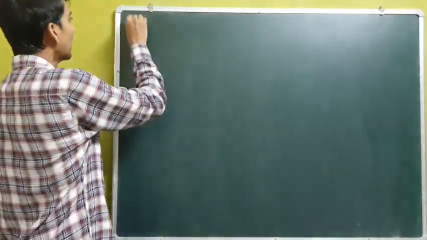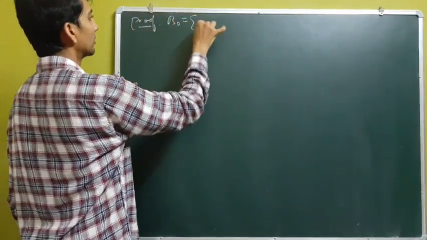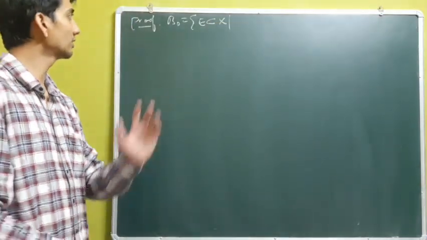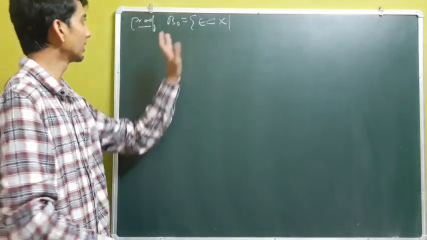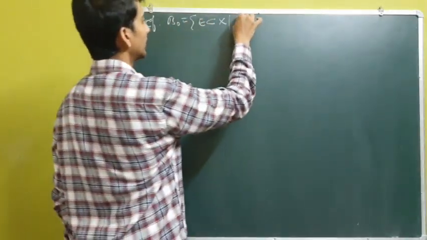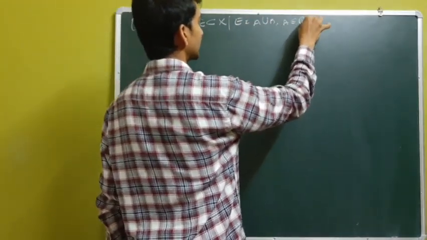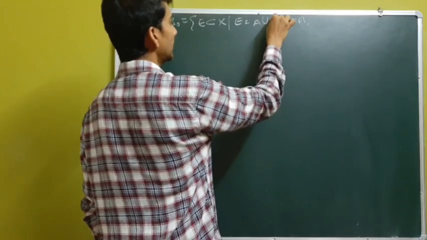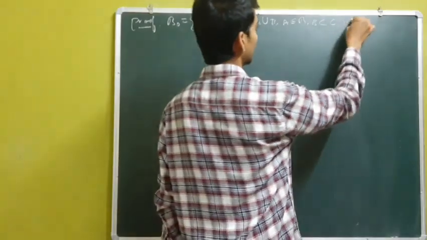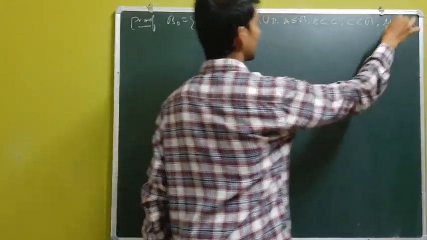Coming to the proof, I will define a collection, say B naught, of the form: the set of all E which are subsets of X, and clearly by the statement of the theorem, if E is a member of B naught, then it takes the form E equals A union B, where A is coming from the collection B and B is contained in a set C, along with C in B with the measure of C being 0.